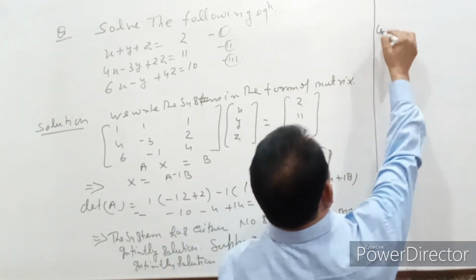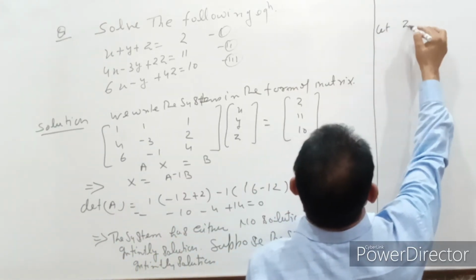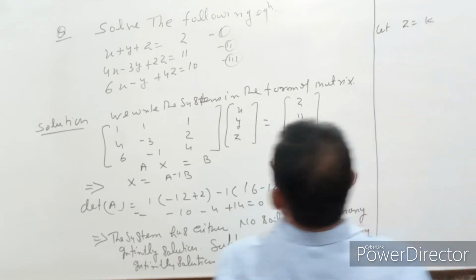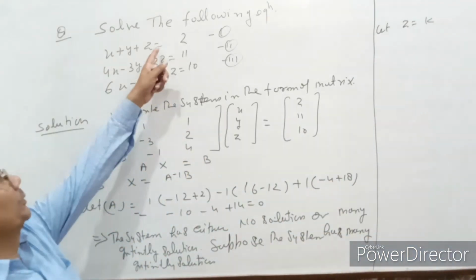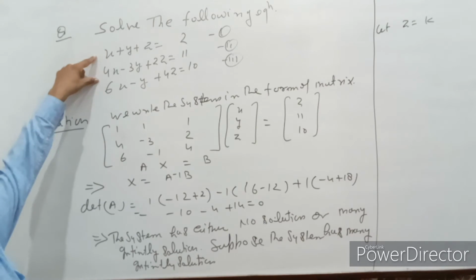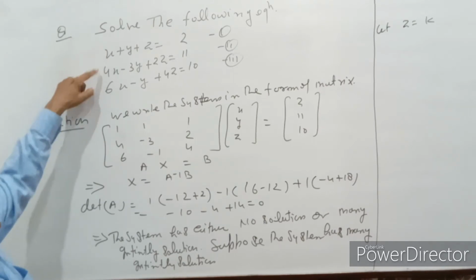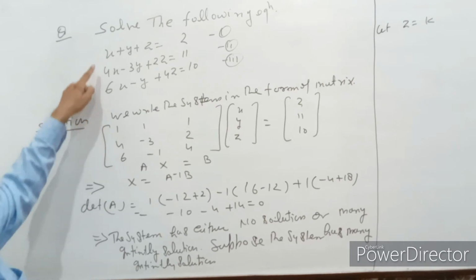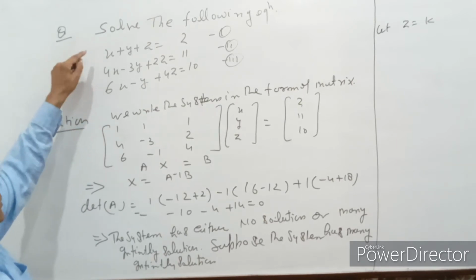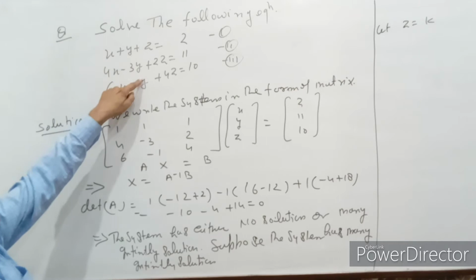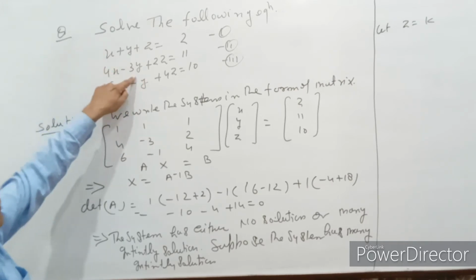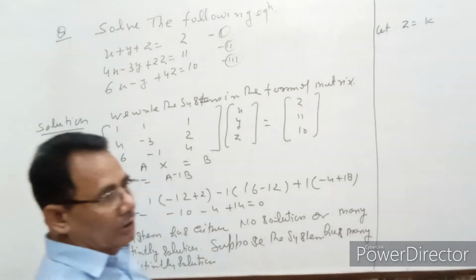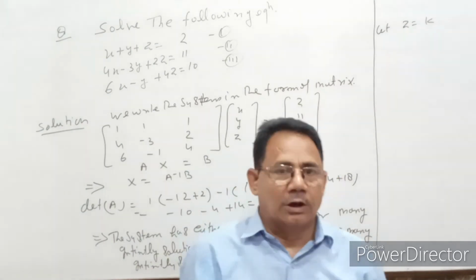So that we take here z is equal to k and put the value of z either in the first two equations, or either second or third, or either first or second. But also you check the product of the coefficient of x and y, then this into this minus this into this does not equal 0.